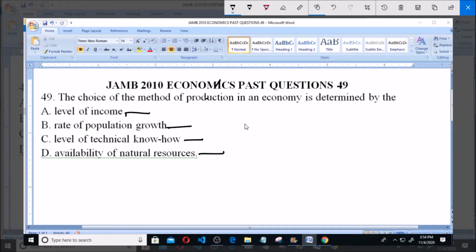They are technology, technique of production, technological advancements. They are relative costs, factors of production.